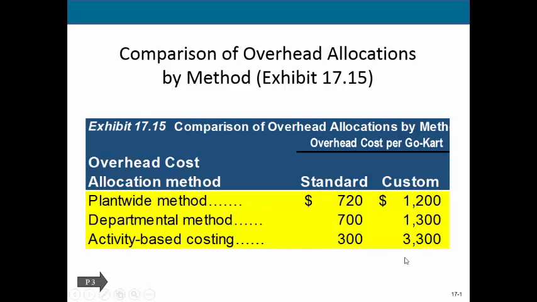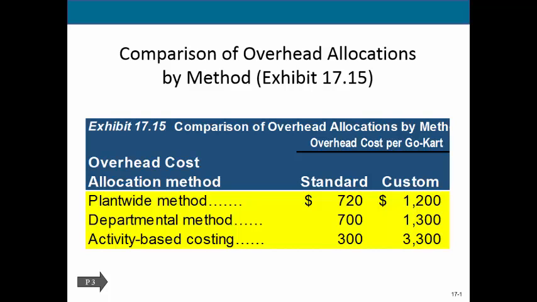So the point is that I've already mentioned that activity-based costing can be costly because it is more complex, therefore it takes more time and more energy to use activity-based costing as compared to a plant-wide method. However, as I've said, activity-based costing gives you better information. And this is just a very clear example of what better information can do.